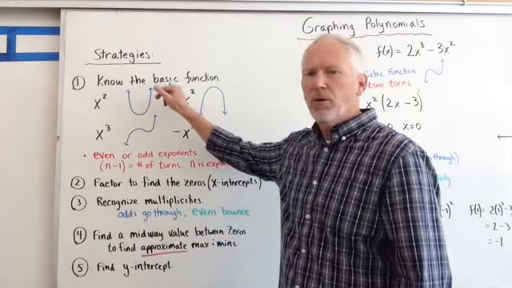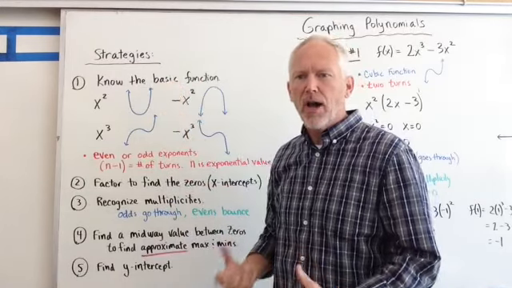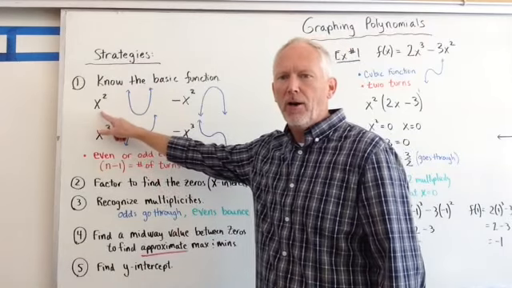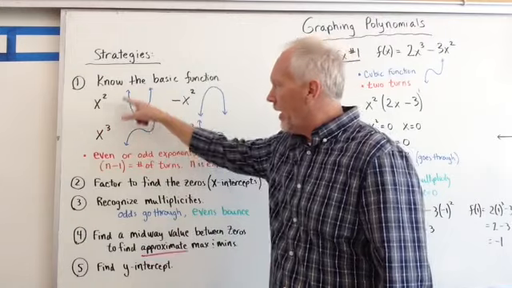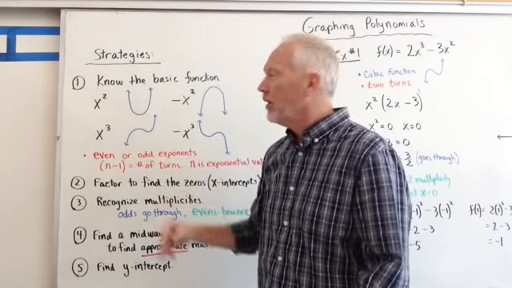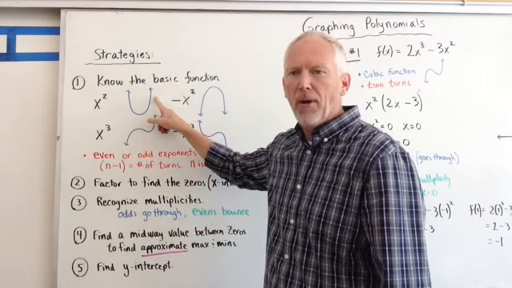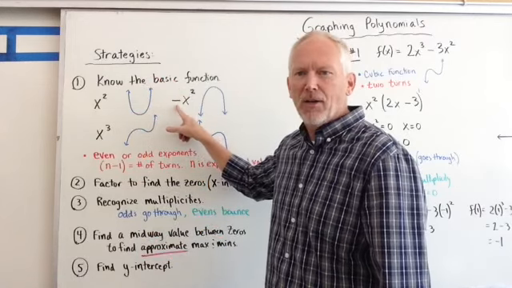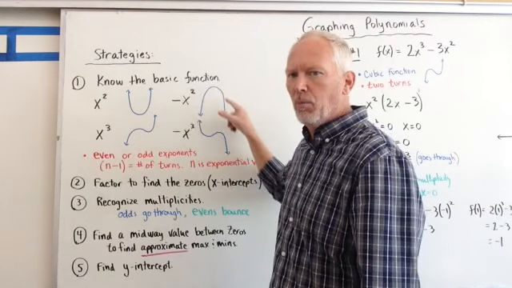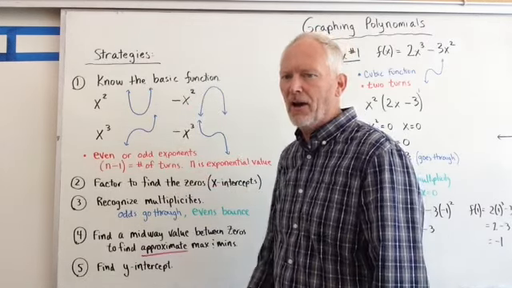number one is know the basic function, right? What kind of function is it? We understand that if it's an x squared and it's positive, it's going to be parabolic in shape and it'll point up, so look like a parabola. If it's negative x squared, then that means the a value here is negative, and so both arrows are pointing down.